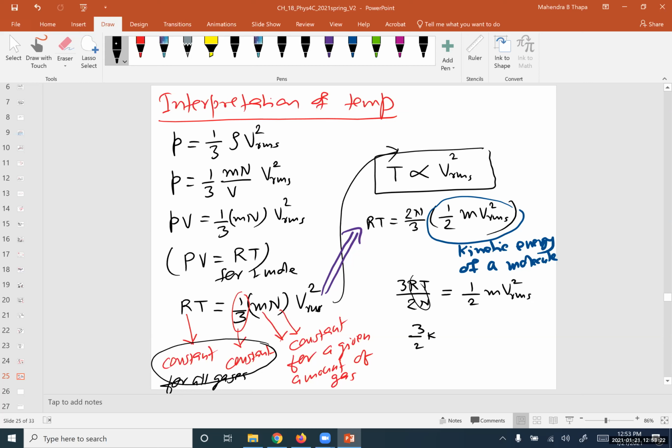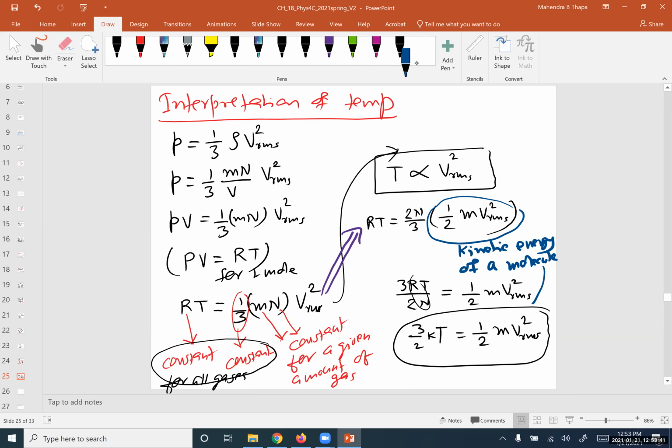So you can replace it by 3/2 kT equals half m v squared RMS. So you can find that the kinetic energy of a single molecule depends only on the temperature. Okay, so this gives you the idea. Let's move further.